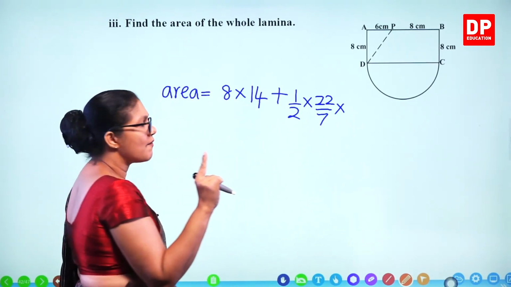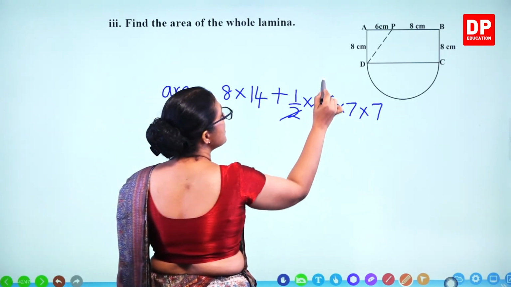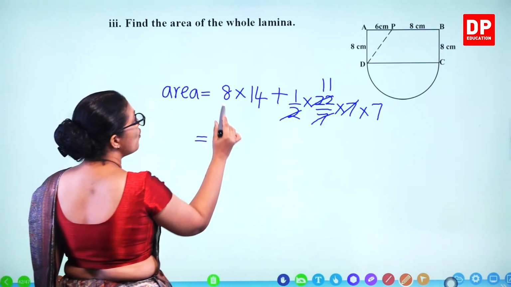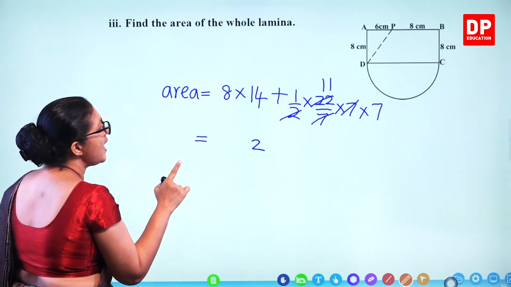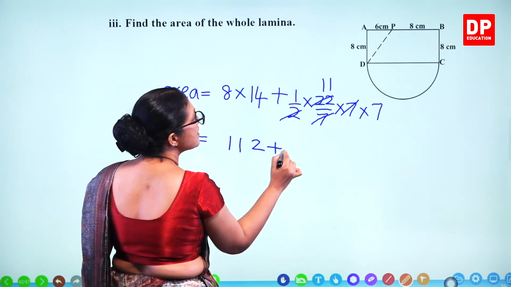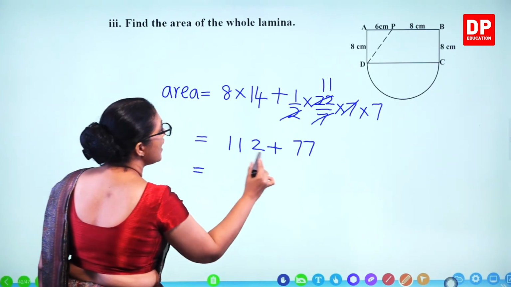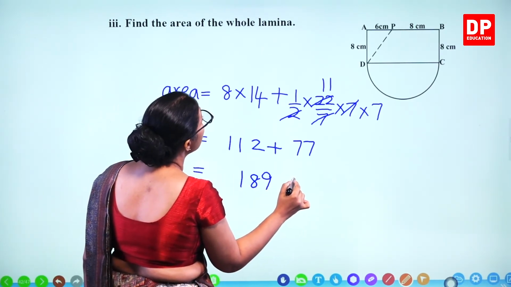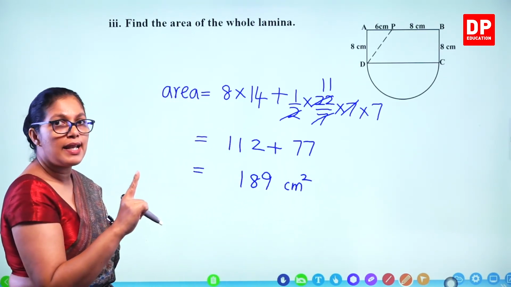R is 7. 7 into 7. 2 times 11, 7 gets cancelled out. 8 times 14, 8 times 4, 32. 3 remaining, 8 times 1, 8. And 112 plus 11 times 7, 77. So you get 189 square centimeters is the area of the whole lamina.